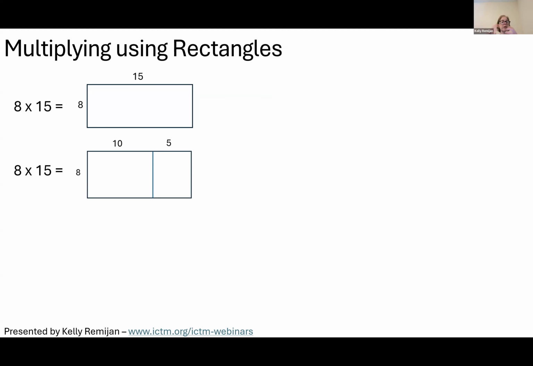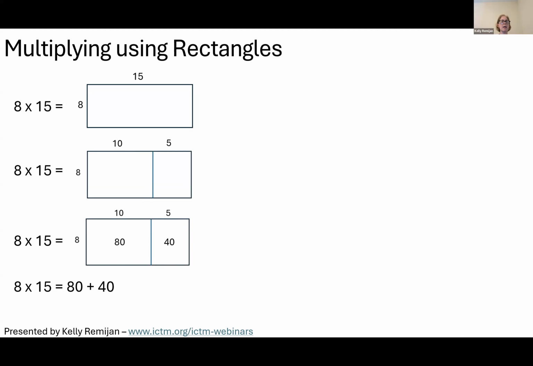That goes back to earlier when we took 68 and broke it up into 60 plus 8. When we break it up into 10 plus 5, we can think of this as the sum of the two areas of these two rectangles. So 8 times 10 is 80, 8 times 5 is 40, and our total is going to give us 120 square units.